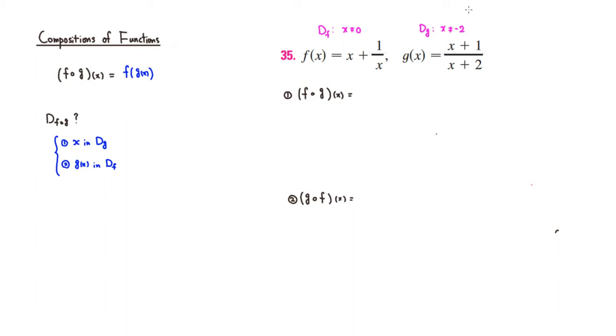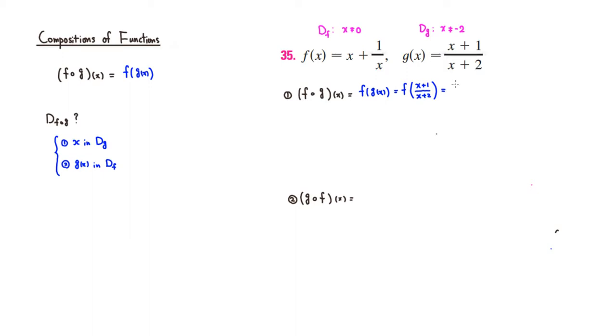So let's find f of g first. Remember the definition is f of g of x. So what we do is plug in g of x, which is x plus 1 over x plus 2, into this function f.